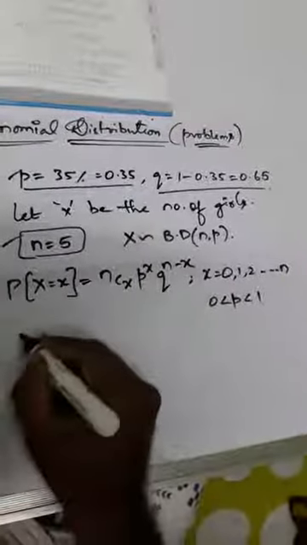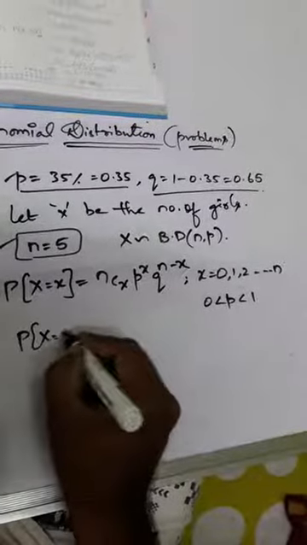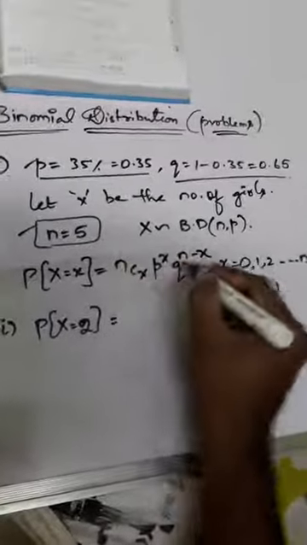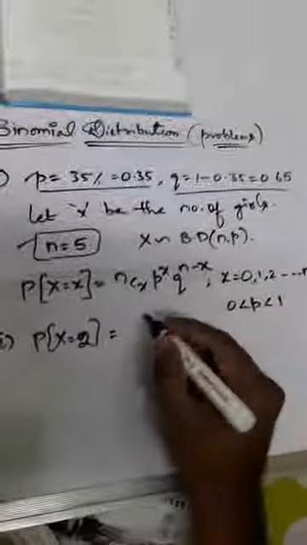Question number 1, exactly 2 are girls. Substitute n, p, q as well as x = 2.